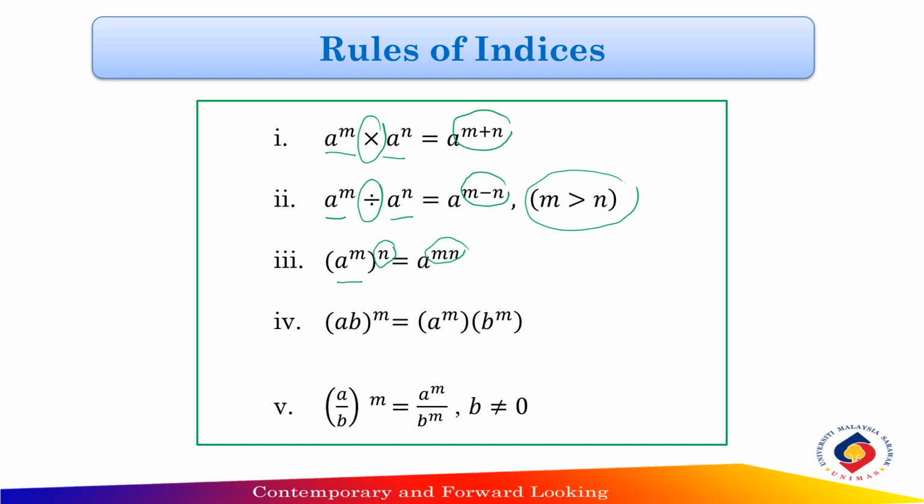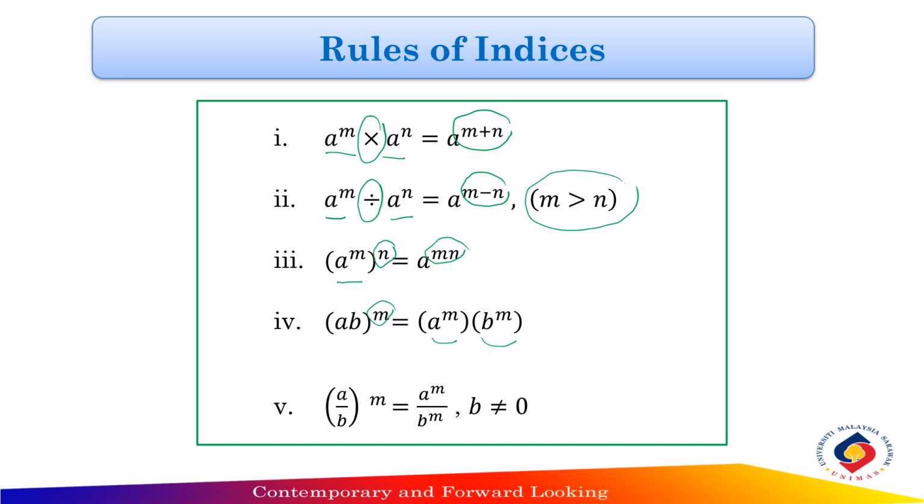And then the fourth rule. We have A times B in brackets to the power of m. We can split it into two, equal to A to the power of m times B to the power of m. And another one, A divided by B in brackets to the power of m.